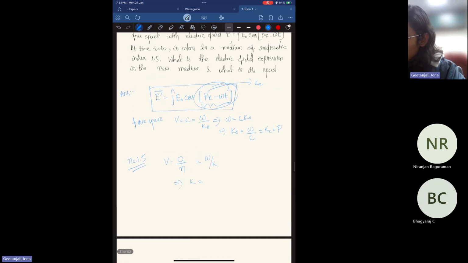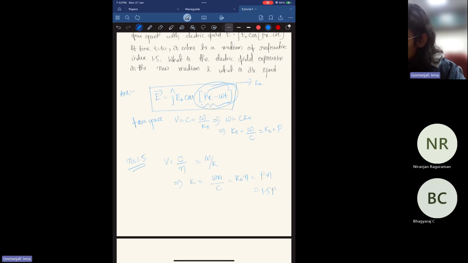So now the k will be omega n by c, which is k0 times n. And k0 is p, so it is 1.5 times p.